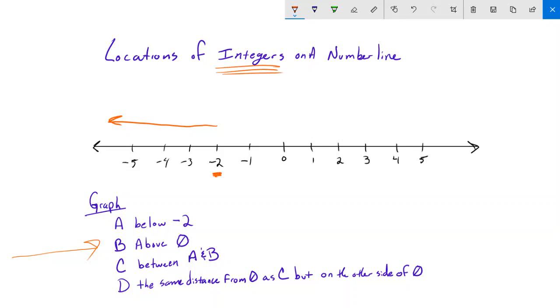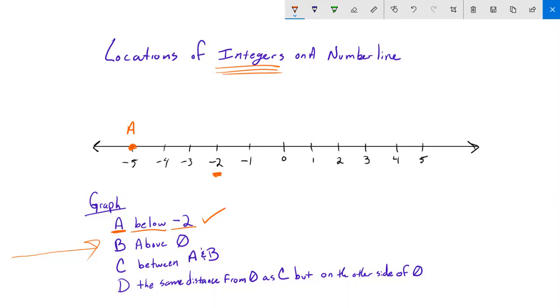I'm not going to do anything like -1.5, -4 and 75/100ths, nothing like that. So if I go below -2, I'm going to go this way at some point. So I'm just going to say, why not put A right here at -5. So I'm just going to put a dot. I'm going to put an A above it. Okay, check that one off.